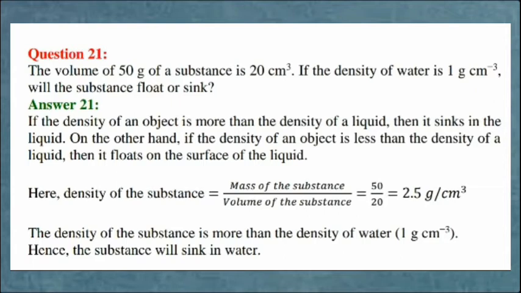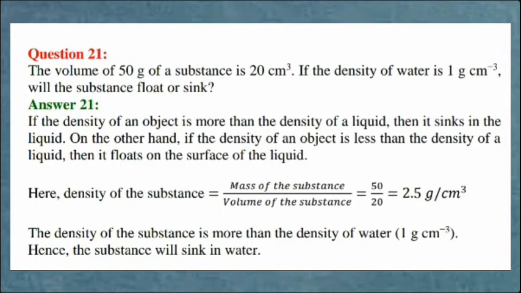Hence, here the density of the substance can be explained as the ratio of the mass of the substance to the volume of the substance. As given in the question, the mass of the substance is 50 gram and the volume of the substance is 20 centimeter cube. So it will be equal to 50 upon 20, that is 2.5 gram per centimeter cube.